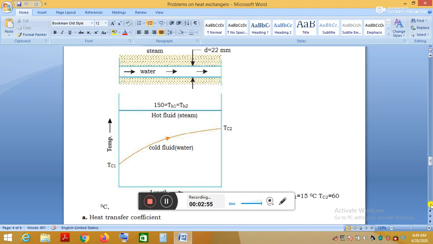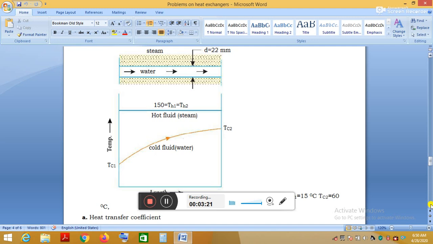This is the problem that is given. The water is flowing through a tube which has a diameter of 20 mm, and the steam flowing over the tube is condensing at a temperature of 150 degrees Celsius. You take any substance, the change of phase takes place at constant temperature, at saturation temperature.